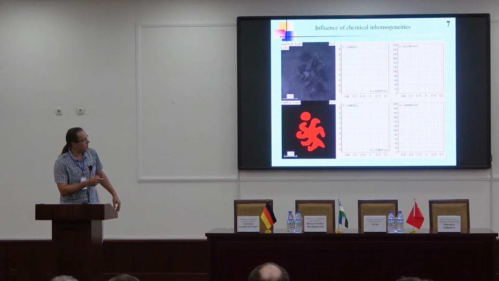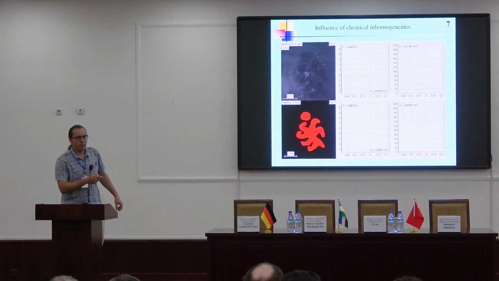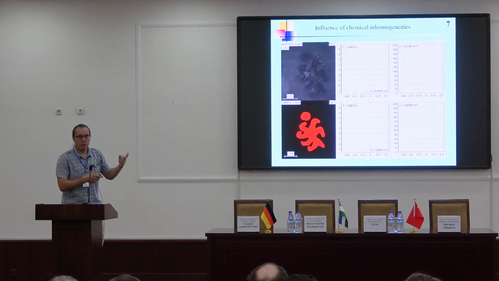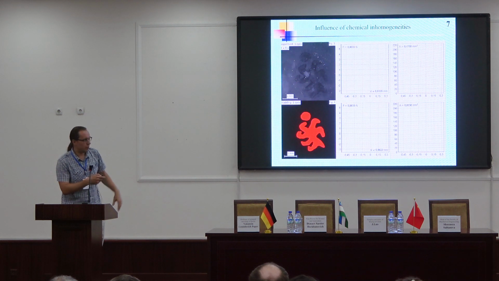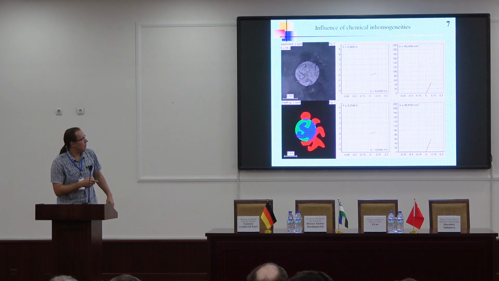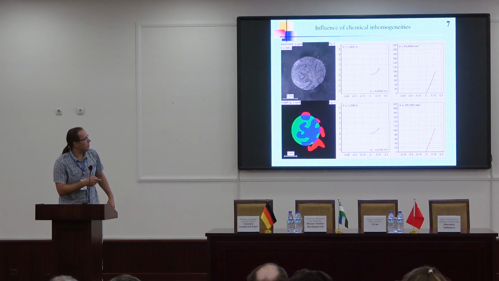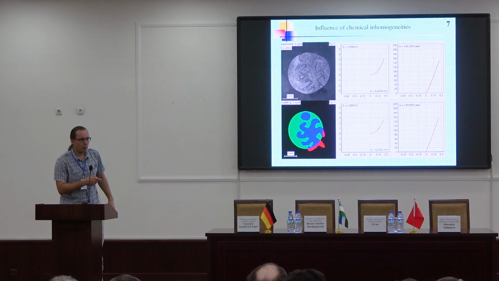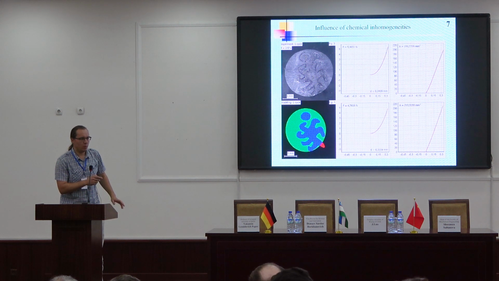The upper 3 plots are the experiment, and the lower 3 plots are simulation of indentation if this indenter has a non-homogeneous distribution of surface energy. You can see it here. This non-homogeneity was produced by the action of iron fluoride 3 for about 1 minute on the steel surface.